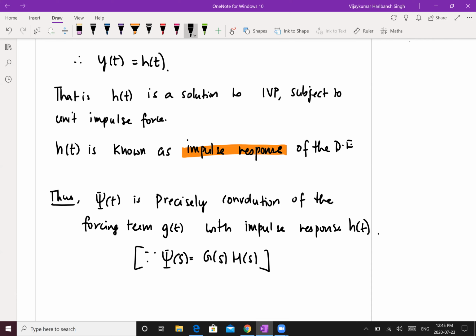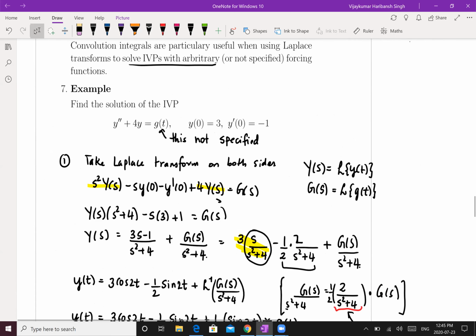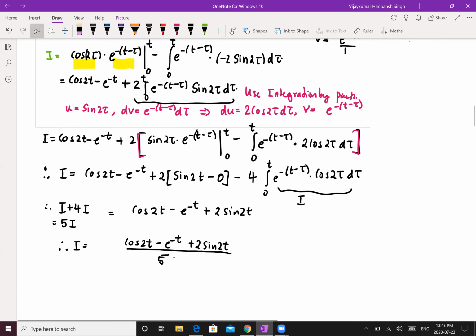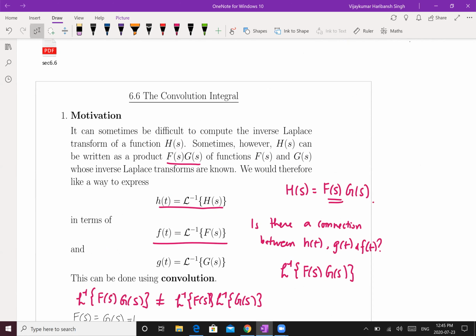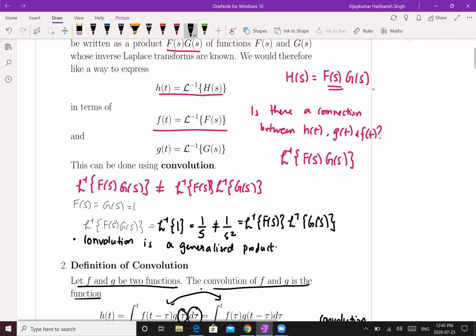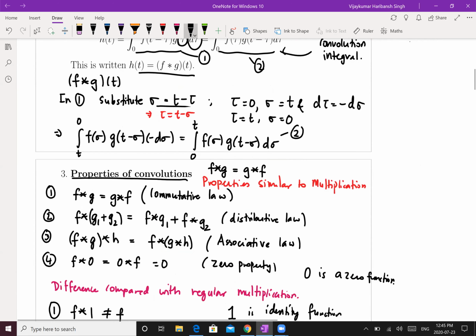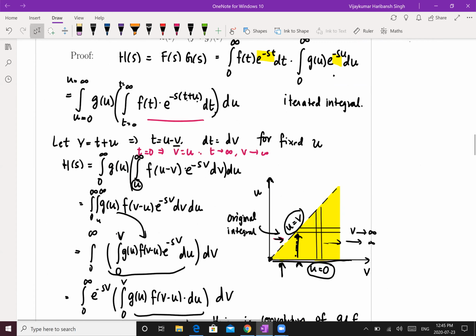Okay, so let's recap very quickly what we have done. We started with the idea of convolution of two functions, f and g, and we saw how they are connected with the Laplace inverse transform. We proved it.